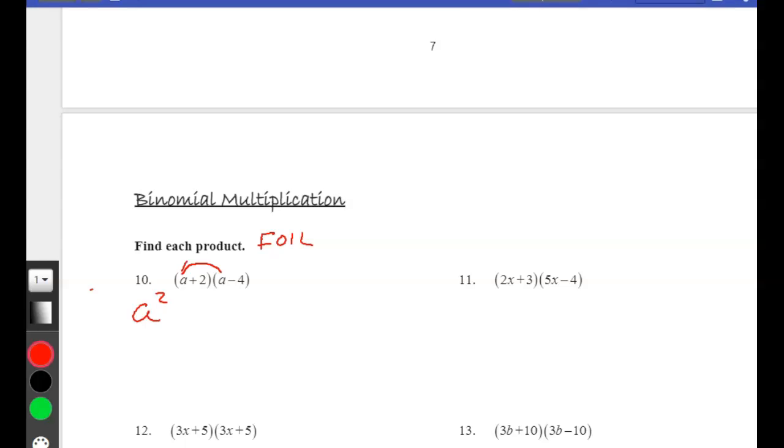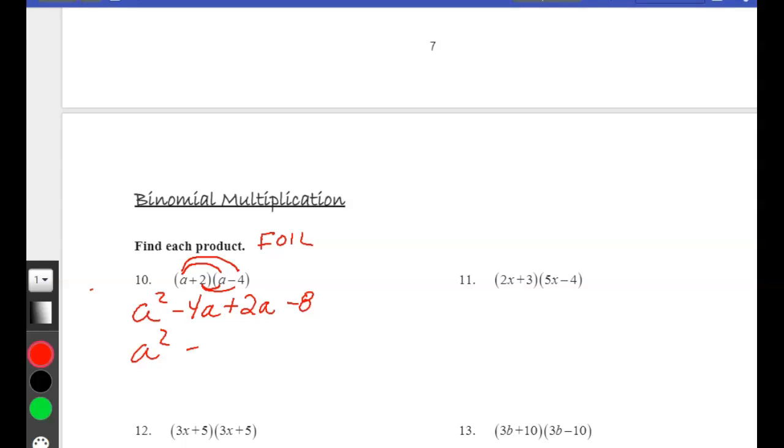And then you multiply the 2 outside terms, and a times -4 is -4a. And then you do the inside terms, which are the ones in the middle there. So you add 2a. And then you do the last terms from each set of parentheses. 2 times -4 is -8.